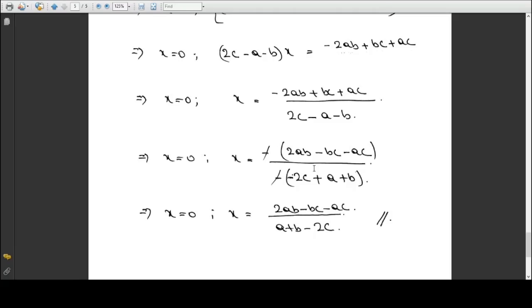After taking the LCM, do the simplification, and then after that we do the cross multiplication.